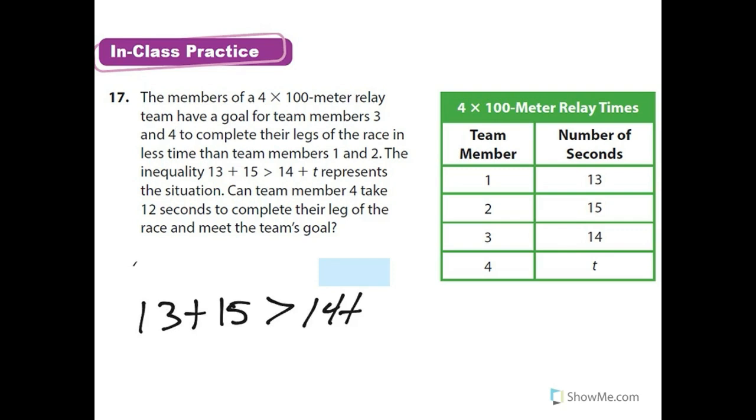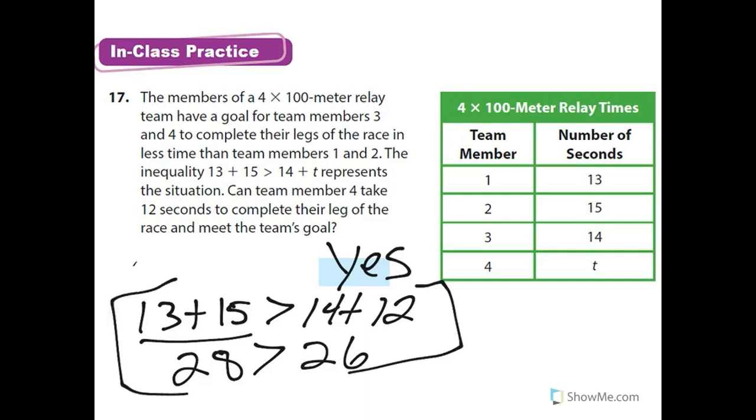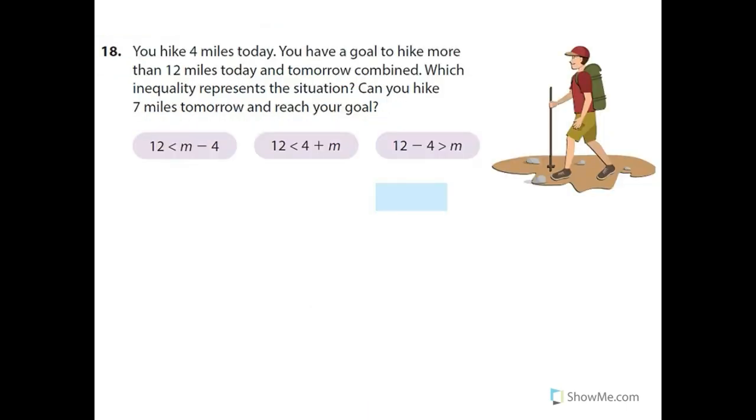Can team member 4 take 12 seconds? Yeah, so I'll replace t with 12 to complete their leg of the race and meet the team's goal. Well, 13 plus 15 is 28. 14 plus 12 is 26. Well, is 28 greater than 26? Yes, so they can meet their goal, right? Make sure that you're showing your work and not just doing it in your head. Alrighty.